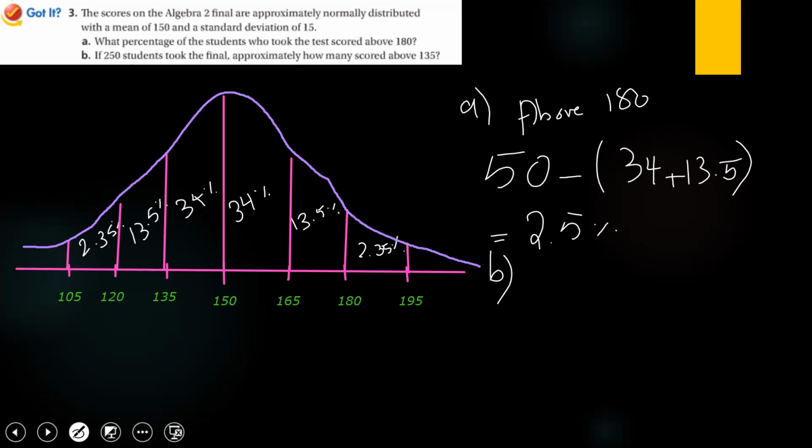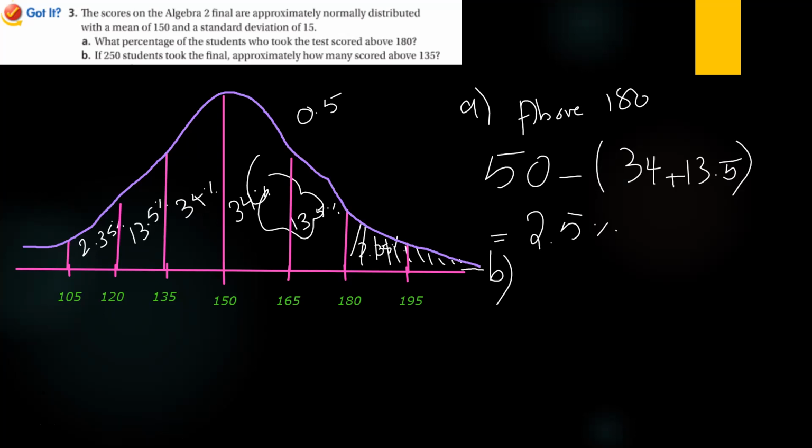No, miss, I want this area. And as you see here, as I told you, it's open. So how can I find this shaded area? I subtract 0.5 minus this one. When you subtract 0.5 or 50% minus this 34 plus 13.5, you will find the area of the shaded region. Oh, okay, thank you, teacher.